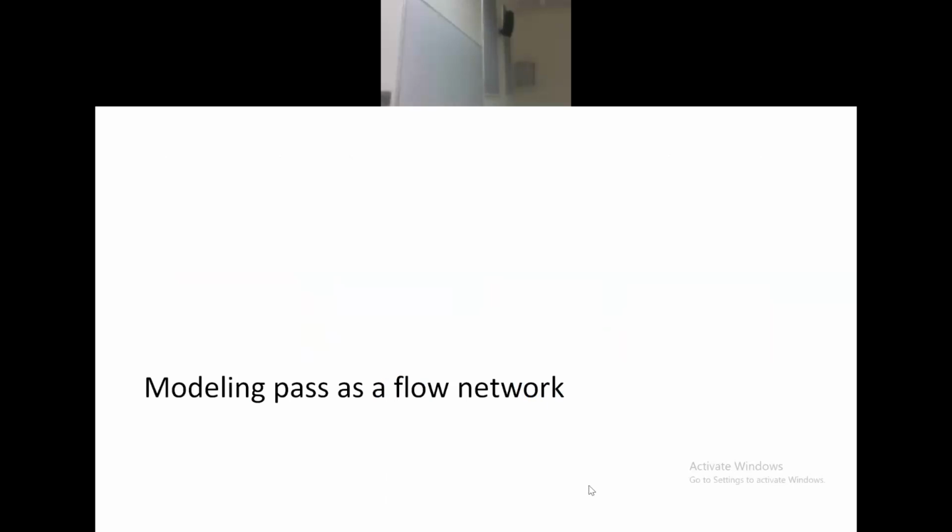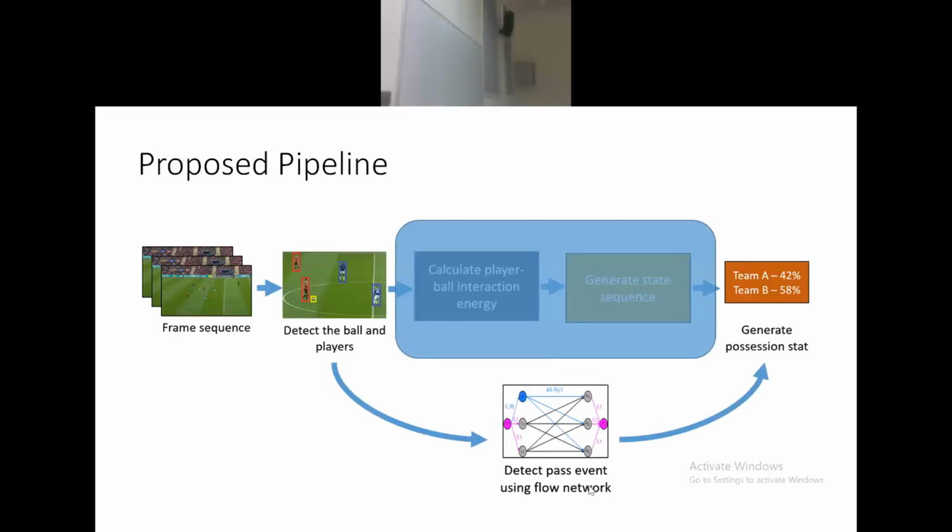So we're going to see the pass detection problem, or valid pass detection problem, and we pose that problem as a flow network. Essentially the pipeline looks like this: frame sequence, detect ball and players, and then pose this as a network flow problem.